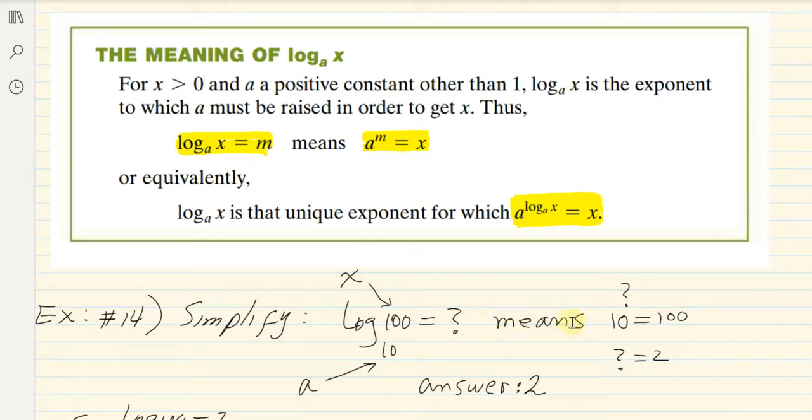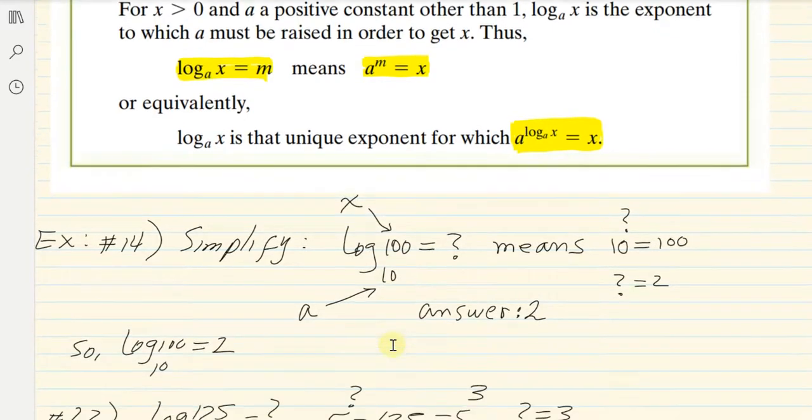So this means 10 to the power of the answer should equal the argument, 100. So we're asking, 10 to what power equals 100? That's the meaning of logarithms. Remember, logarithms are exponents. It's just the way they were redefined and rewritten. So, making a long story short, the answer is simply 2. That's the answer to log 100 in base 10.